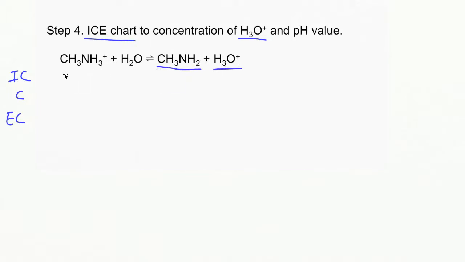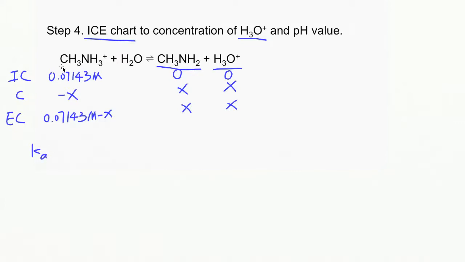So initial concentration of this weak acid is from step 3, 0.07143 mole per liter, and 0, 0, and negative x, x, and x. So equilibrium concentration for all 3 species can be expressed like this. Now, when you look at this equation, because hydronium is one of the products, in order to find out the value of x, you do need to use the Ka of this weak acid.